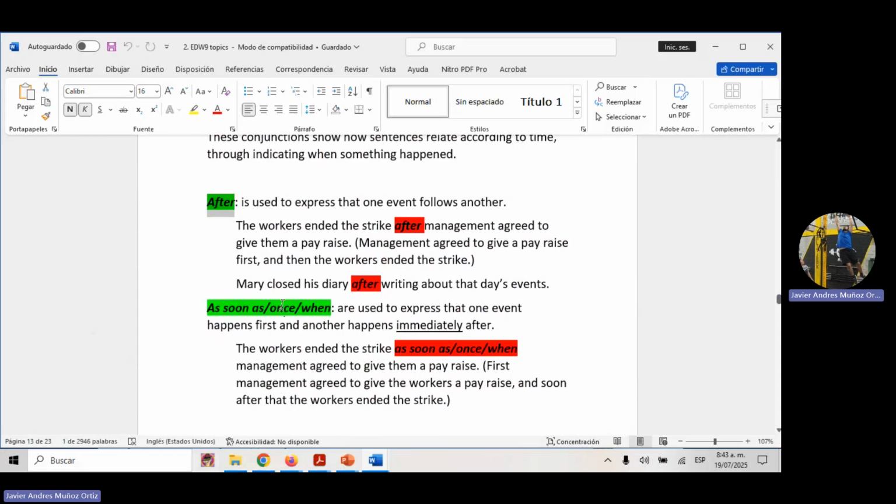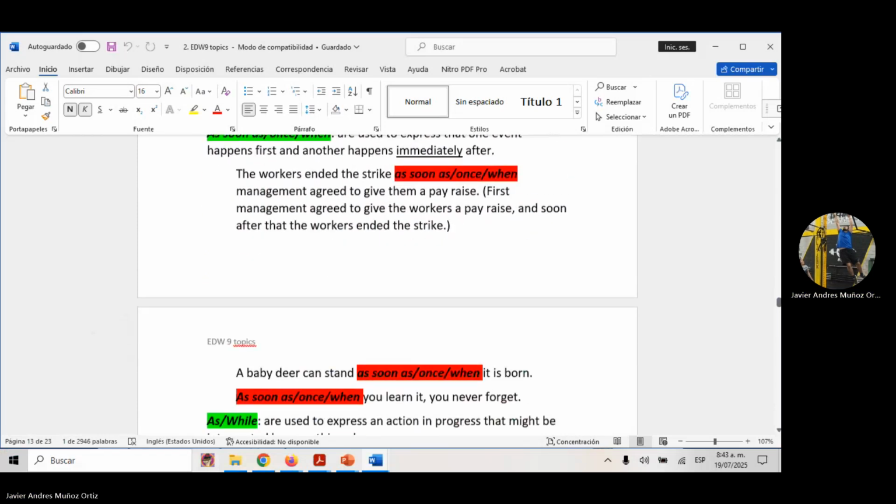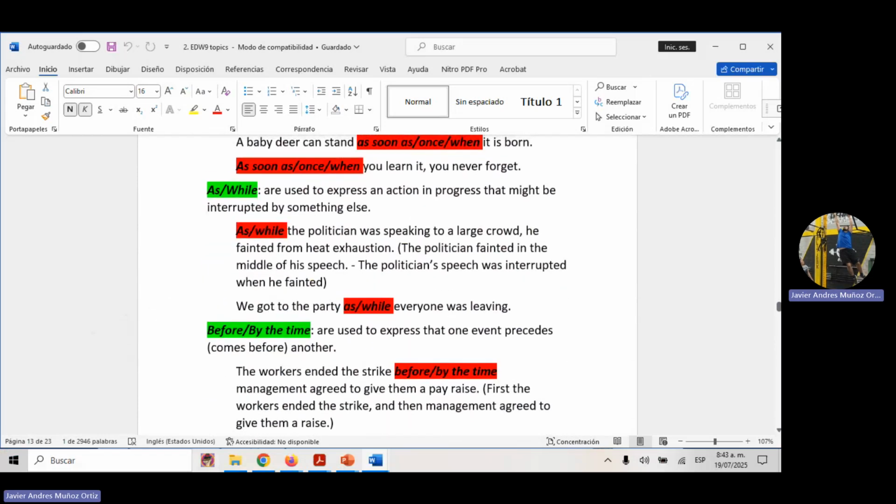Meanwhile, as soon as, once, and when are for something immediate, something that happens immediately. As and while are used to mention that two activities happen at the same time. One of them interrupts the bigger one.